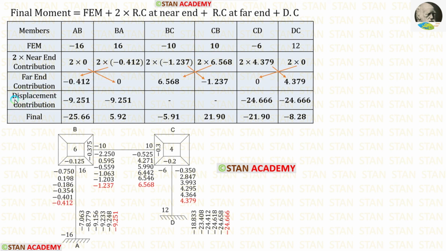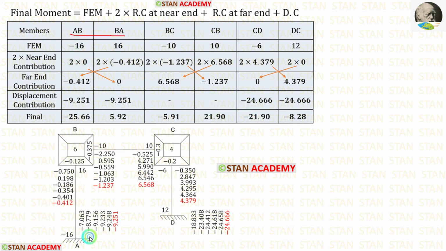Now let us apply the displacement contributions. The displacement contributions will be available only on the columns. So it is only available in the columns AB and CD. For the beam BC, it won't be available. So for BC and CB, there is no displacement contribution.